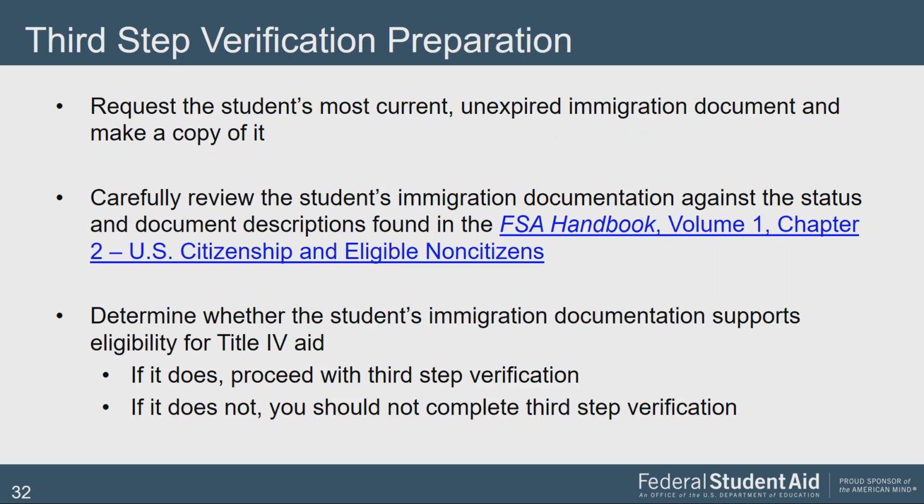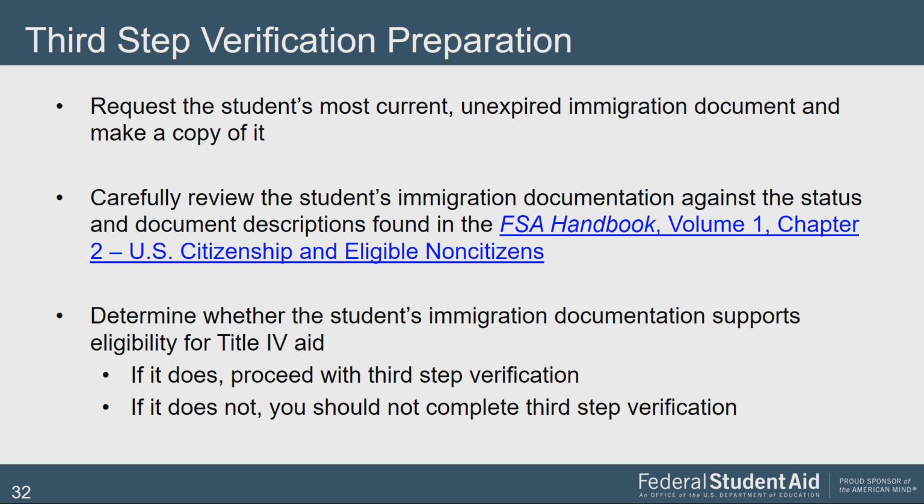When you receive an ICER with a C code and comment code 046, 105, or 109, request the student's most current unexpired immigration document and make a copy of it. Then carefully review the student's immigration documents against the status and document descriptions in Volume 1, Chapter 2, U.S. Citizens and Eligible Non-Citizens chapter of the FSA Handbook to see if it supports an eligible status.